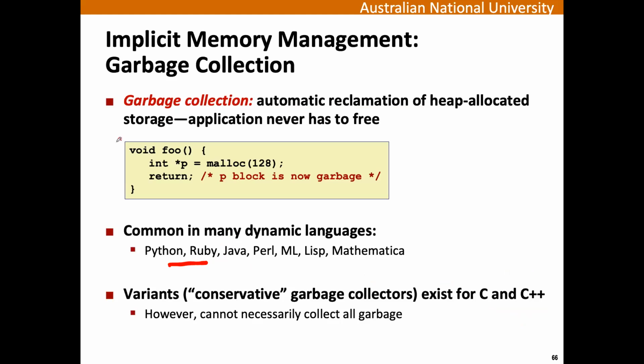So if you have a situation like this, if you have a method foo, and the programmer grabs a block of free memory for something, and then there's a return. So this P is now garbage, okay? If you write this code in C, you have a problem. The problem is that you allocated something, but you never freed it, and this is a memory leak.